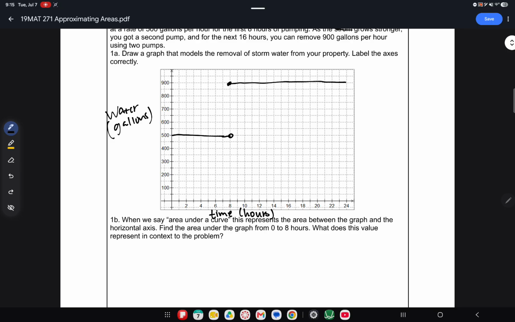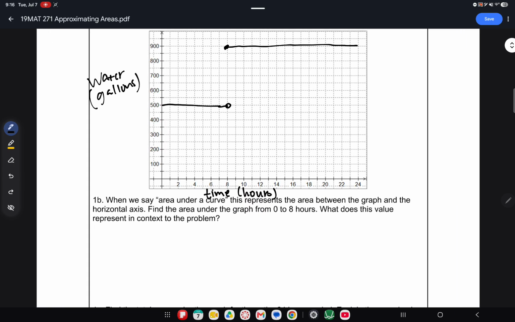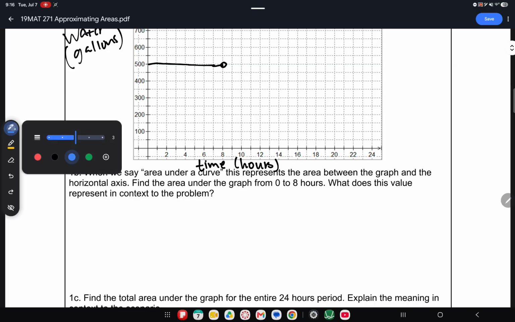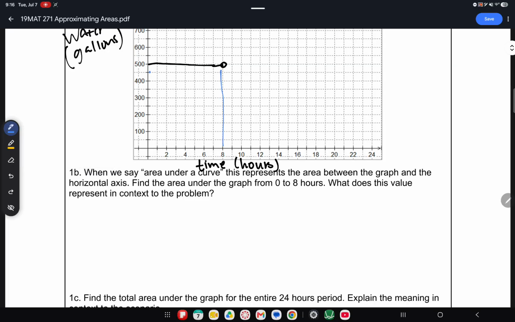So when we say area under the curve, we're looking at the area between the graph and the horizontal axis. So in this case, that x-axis. We want to find the area under the curve for that first 8 hours. So I'm just going to make a little box here. We're going to find that area. It's a rectangle, right? So area of a rectangle is length times width.